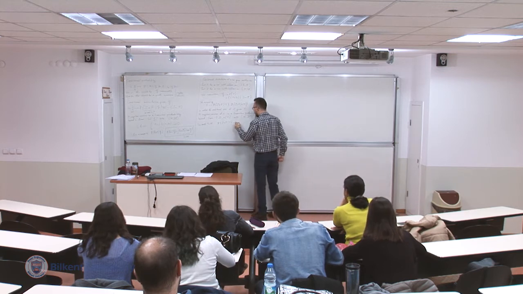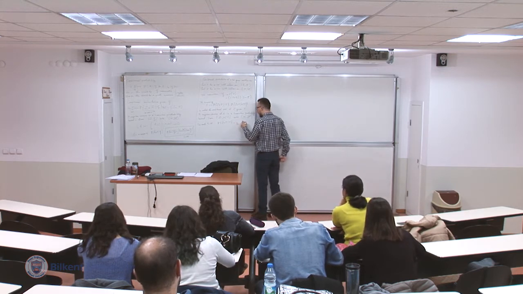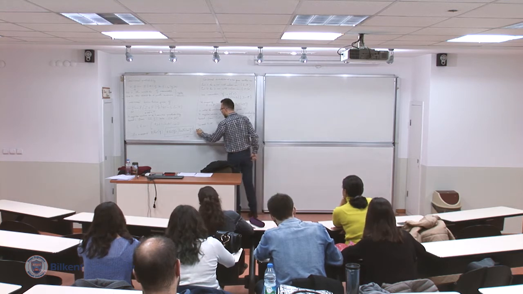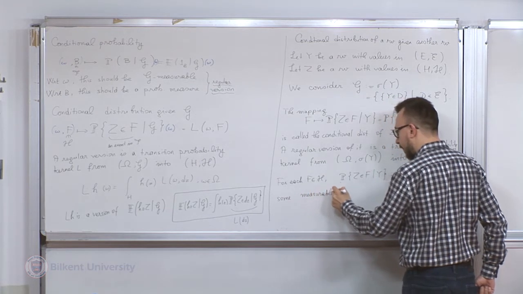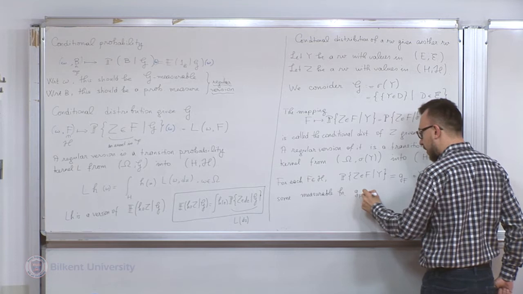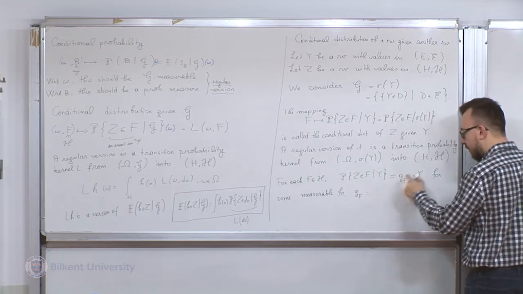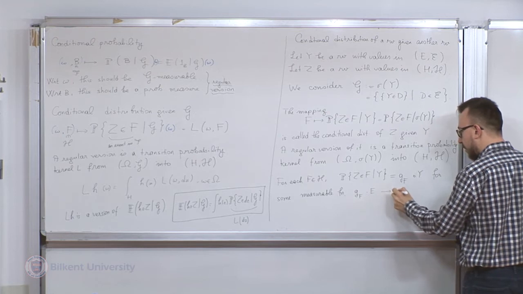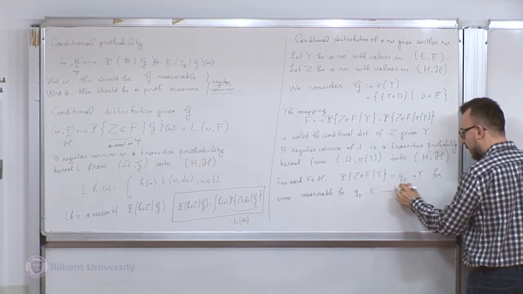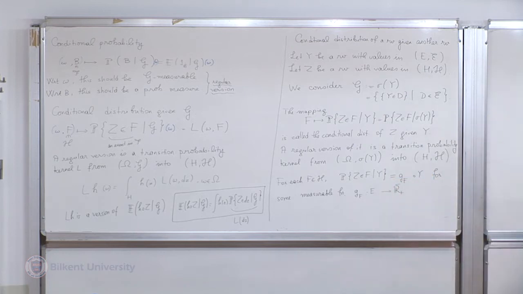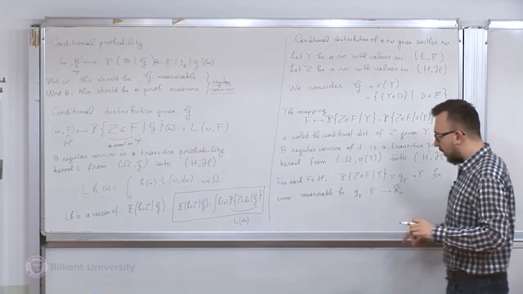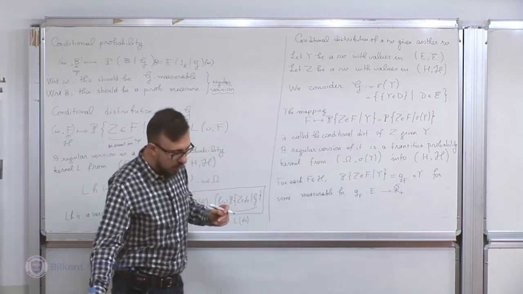So there should be some function, let's call it g_f of Y, for some measurable function g_f defined on the possible values of Y from E to R, let's say R plus or R bar plus, whatever. It's going to give you a probability, therefore you can bound it, but anyway. So it is, in fact, a function of Y.